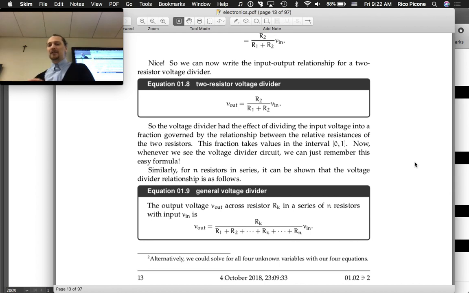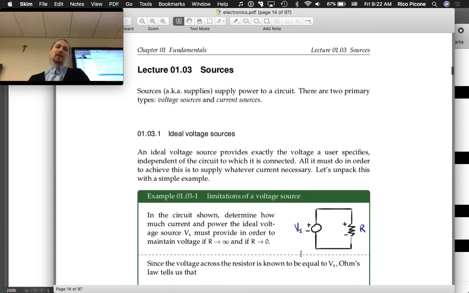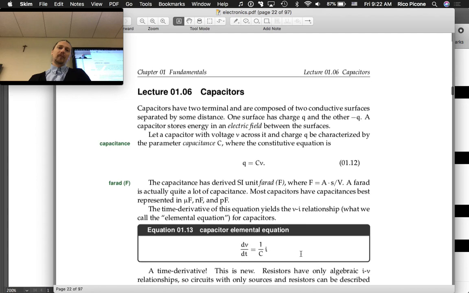We had voltage dividers with resistor circuits, and we solved for what the voltage across one of the resistors would be given a series orientation of several resistors. That was a really useful analytic technique, because it let us short-circuit a lot of other analyses. We didn't have to do the whole circuit analysis. When we saw a voltage divider, we could just use that result.